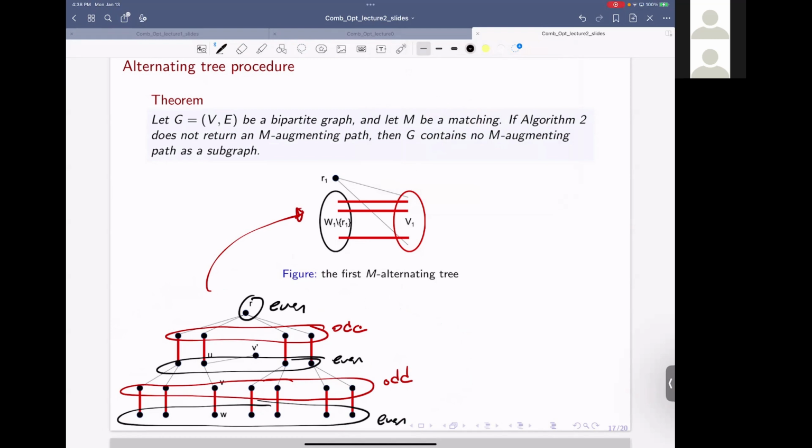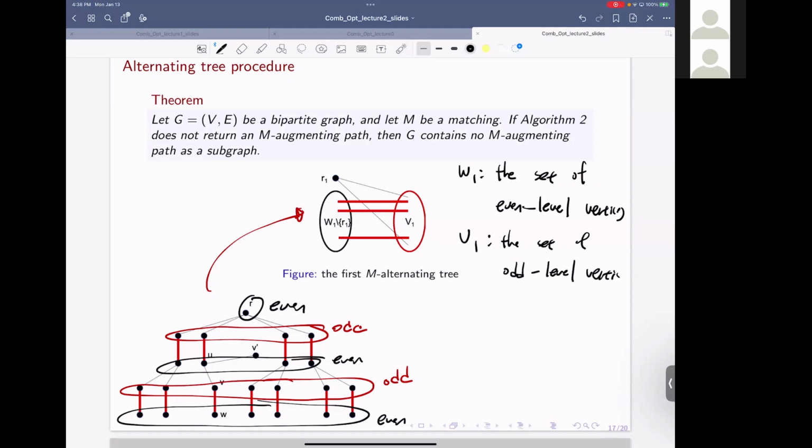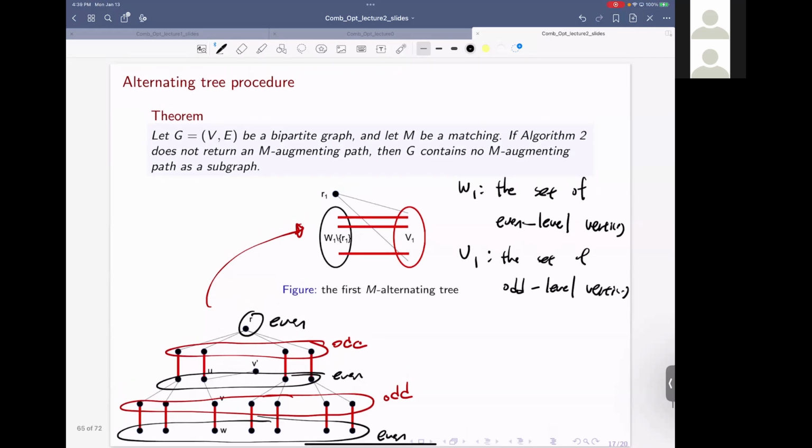W1 is the set of even level vertices. V1 is the set of odd level vertices. Again, R1 is adjacent to some neighbors, and it goes to the next level using matching edges.